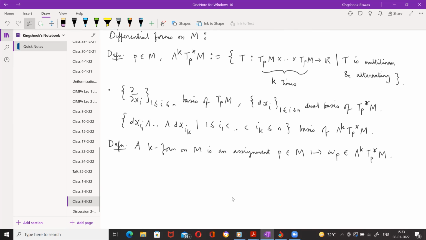So this is a K form. Locally, omega I can write with respect to the basis dxi1 wedge dxik once I choose coordinates. Then the coefficients will become functions of the point in the chart.